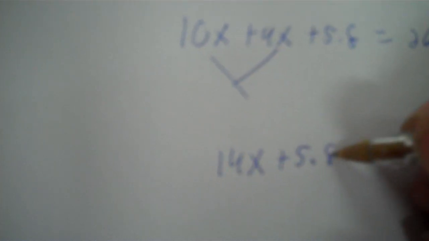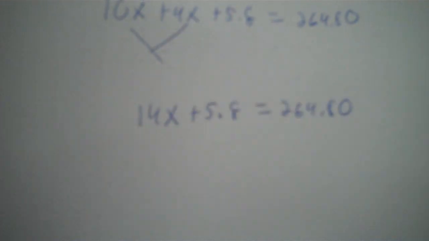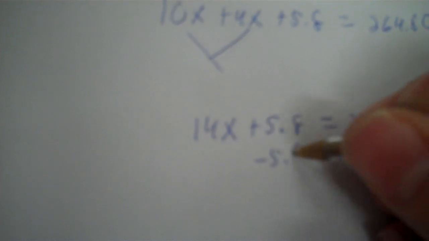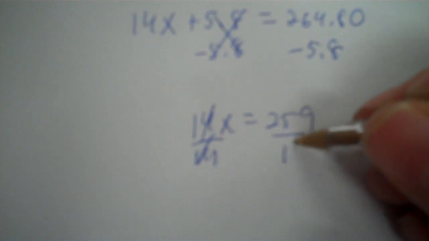Then you add the x's, that's 14x plus 5.8 equals 264.80. Then I minus the 5.8, and that's going to be 259 even, so 14x equals 259. Then I divide by 14 on both sides, and I get my answer. So 259 divided by 14 is 18.5. That's okay because I'm finding cost.